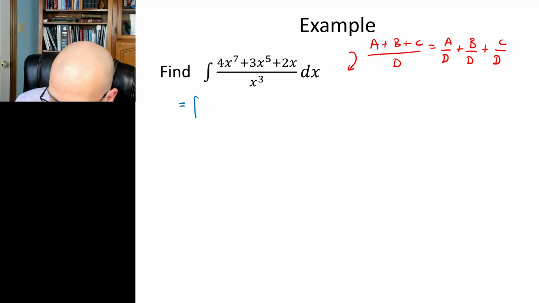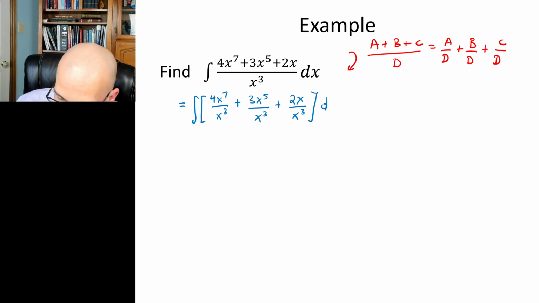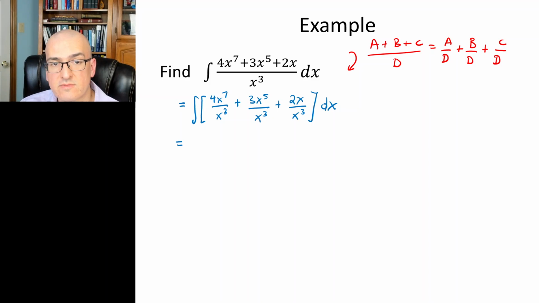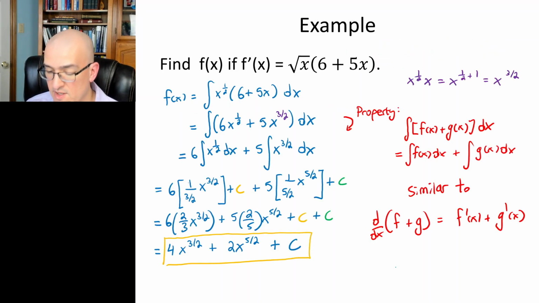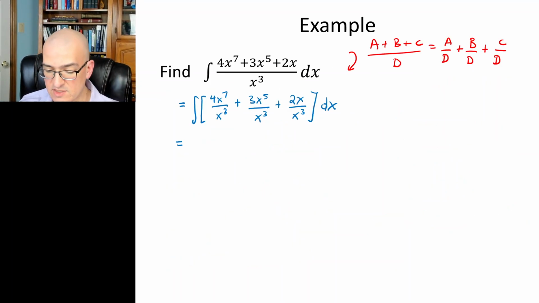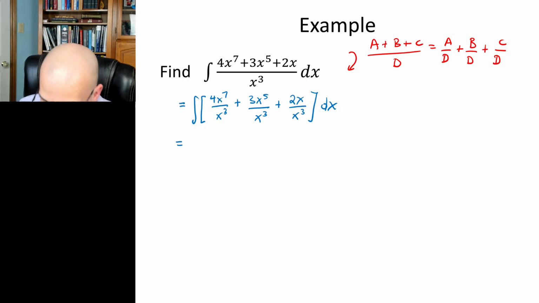So this is an integral of 4x to the 7 over x to the 3 plus 3x to the 5 over x to the 3 plus 2x over x to the power 3. And then I'm going to split that up into 3 separate integrals, just taking this f plus g rule and having an f plus g plus h rule. The sum of 3 things integrated is going to be the sum of 3 separate integrals.